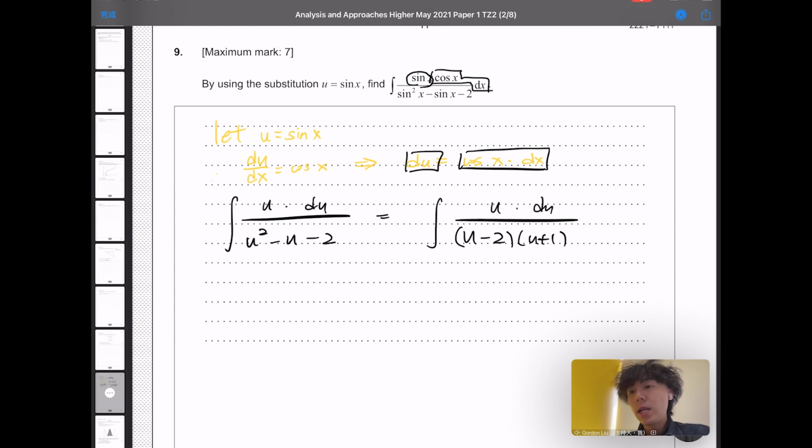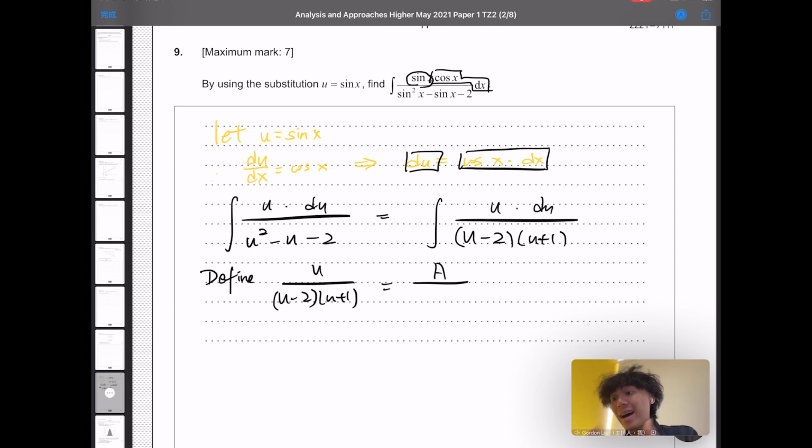And then after we look at the fraction here, it involves the second technique, which is partial fractions. So what's partial fraction? We define u over (u minus 2)(u plus 1), and we want to split the combined algebraic fraction back into separate terms.